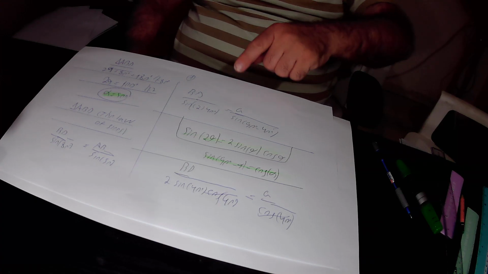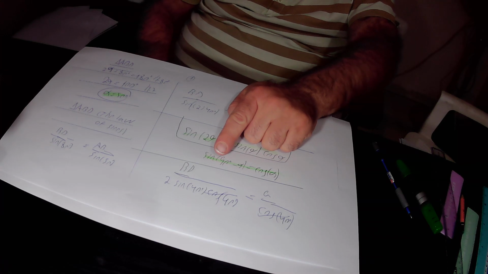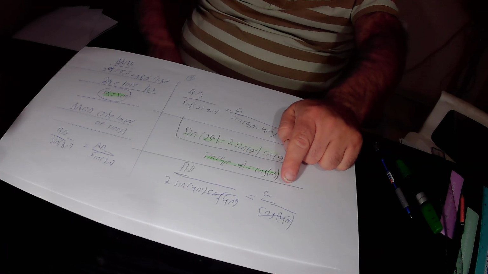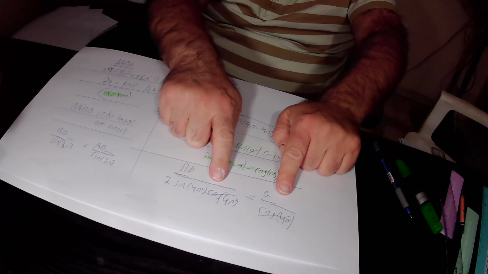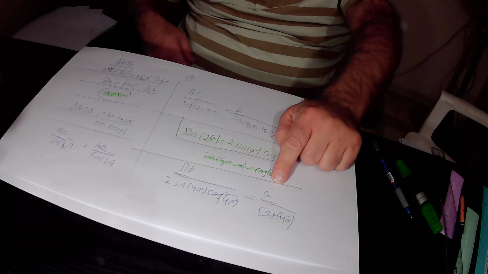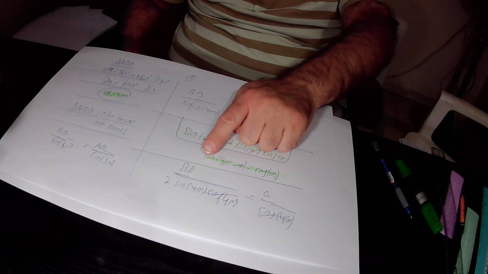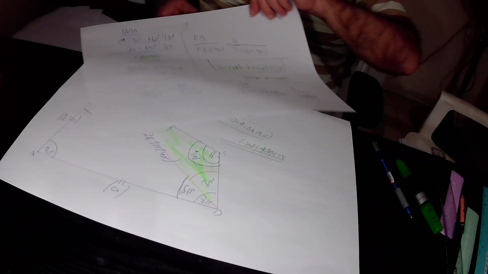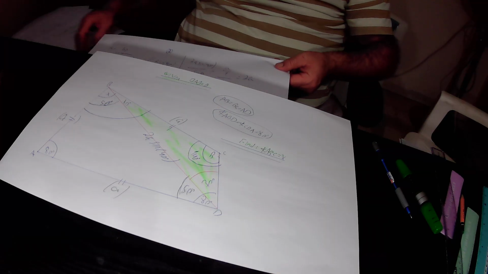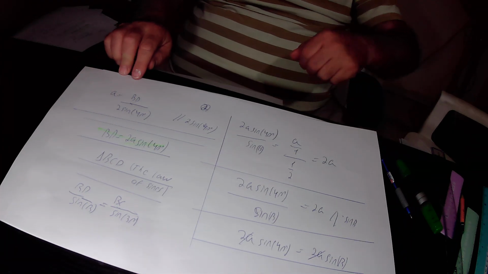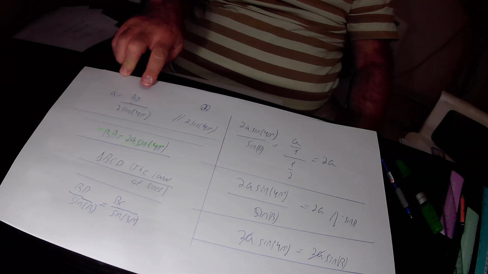So in total, we found that BD over 2 times sine 40 degrees times cosine 40 degrees equals A over cosine 40 degrees. Cosine 40 degrees appears on both sides of the equation, so it gets cancelled. We are left with A on one side and BD over 2 times sine 40 degrees on the other. So A equals BD over 2 times sine 40 degrees.